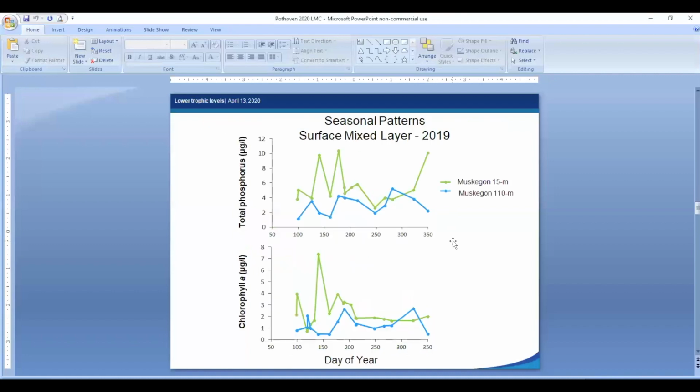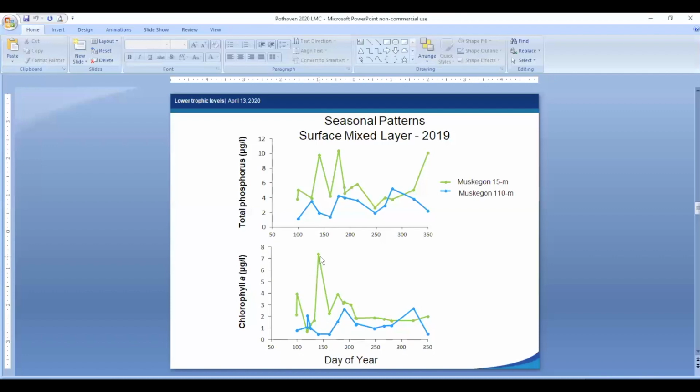So we looked at May, but just to get an overall look for how chlorophyll and phosphorus behaved over the whole course of the year, this is data from a Muskegon offshore site and then the Muskegon nearshore site. And you can see, indeed, here at Muskegon, we have this elevated chlorophyll and phosphorus in the spring and May, and that's actually the lowest chlorophyll that we would see at the offshore site.